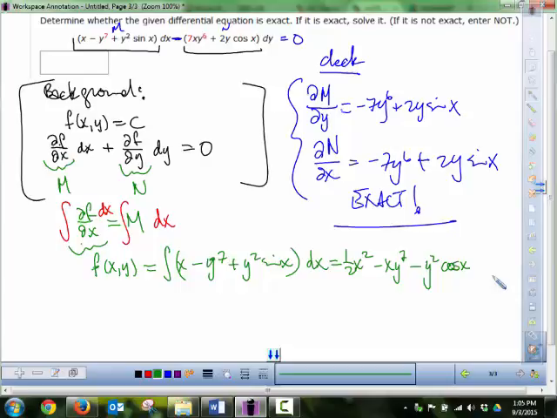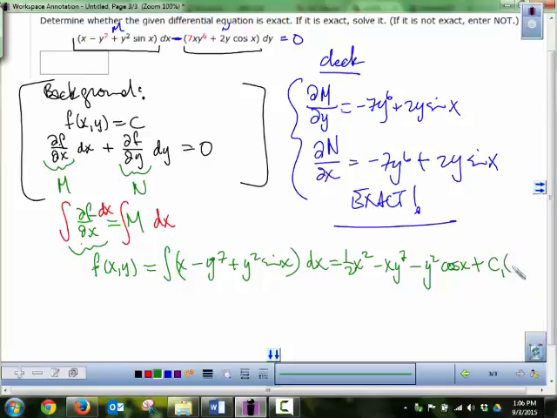So I want to put a plus c here, but I can't just assume that the c's are just constants. I have to allow the possibility that there was a y function. So I'm going to append this with a g, let's just call it c1, as a function of y only.